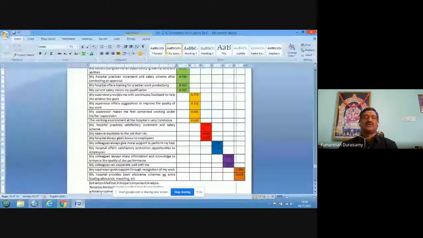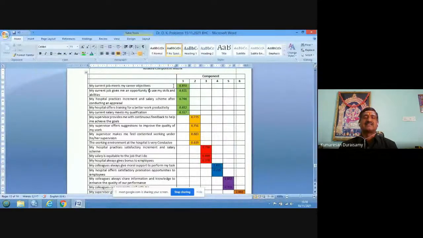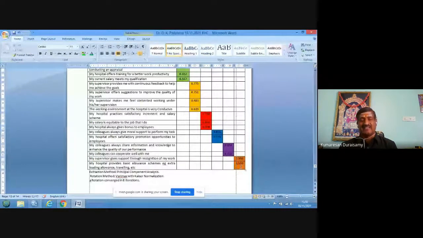So we can say that these factors influence the satisfaction of employees at the highest level. Second most, third most, fourth most, fifth most, and the least.